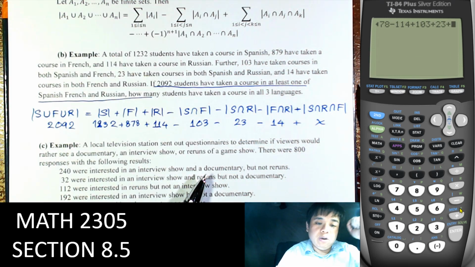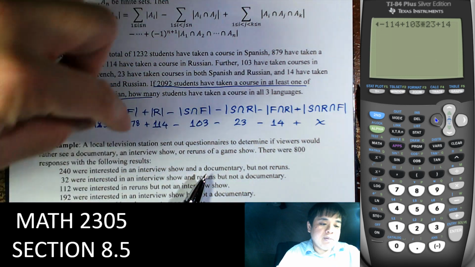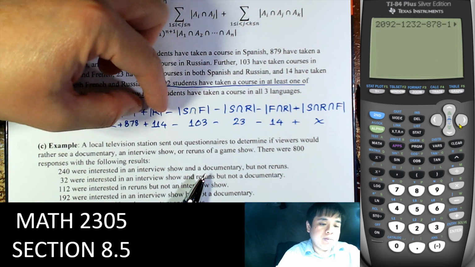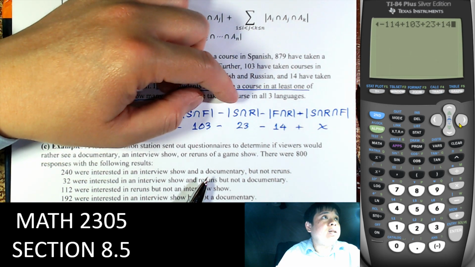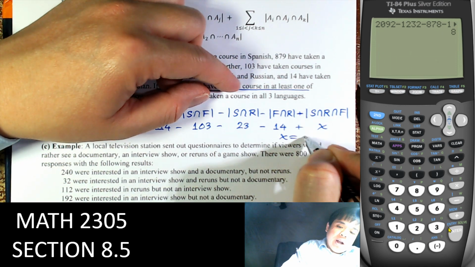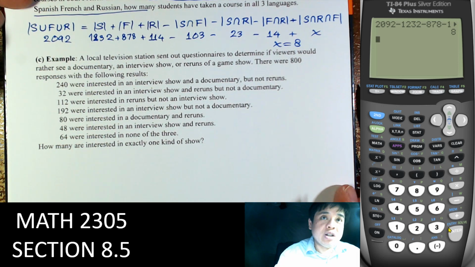And the 14 to the other side as well. Right, let's recap. 2092, subtract 3 numbers, and add those 3 numbers. And we have 8. So that 8 students will take all 3 foreign languages.